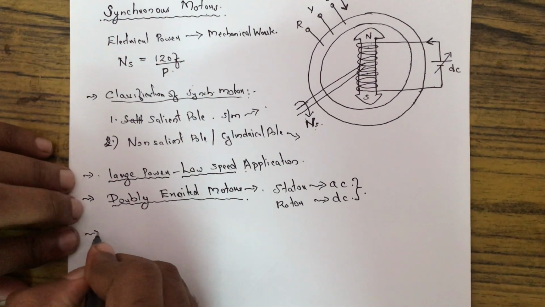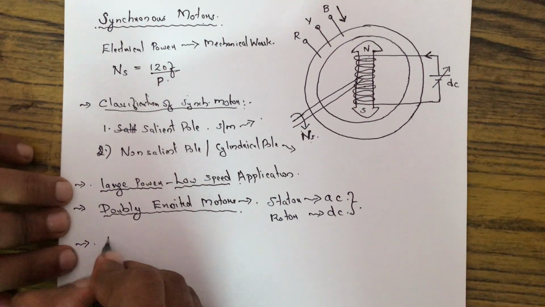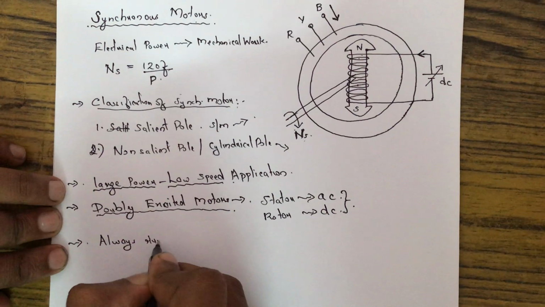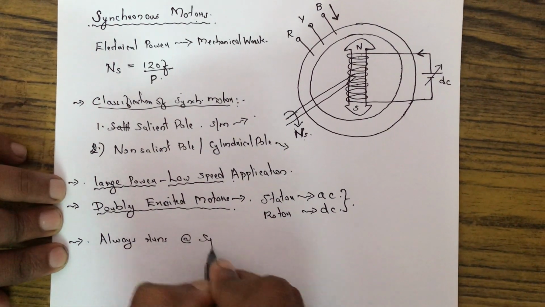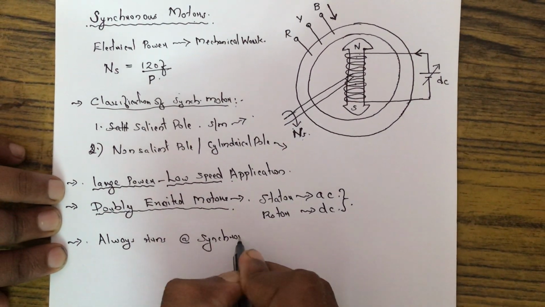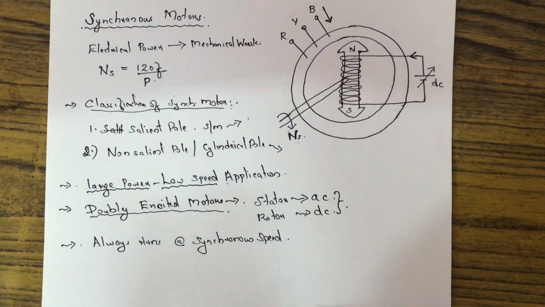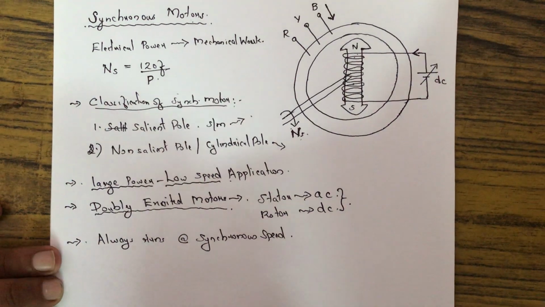And the special feature of the synchronous motor is that it always runs at synchronous speed, that is, it always runs at a constant speed called synchronous speed.